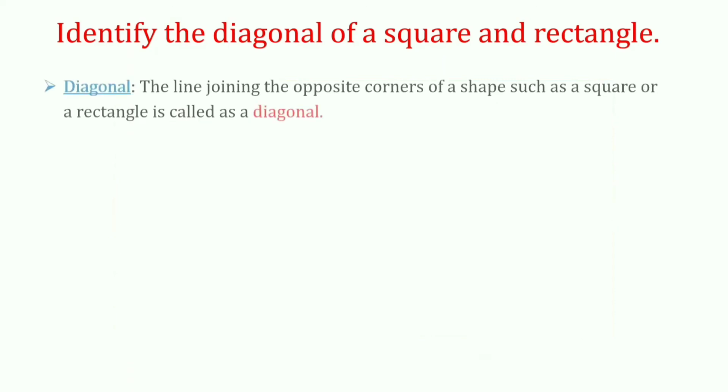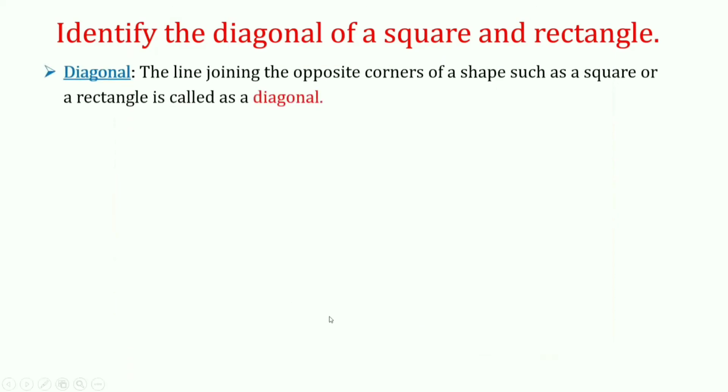So as I said, what does diagonal mean? The line joining the opposite corners of a shape such as a square or a rectangle is called a diagonal.